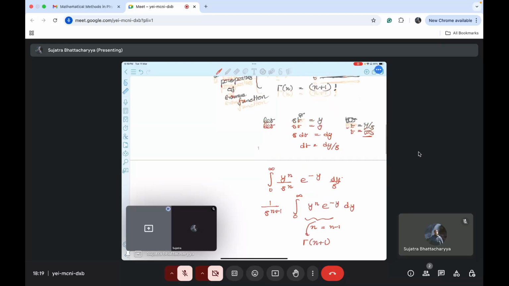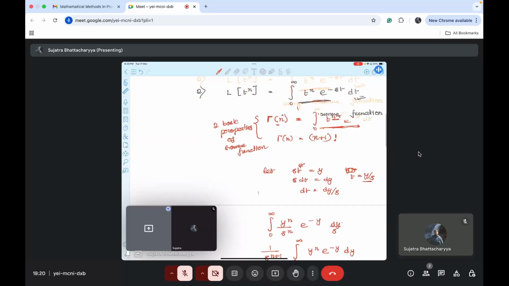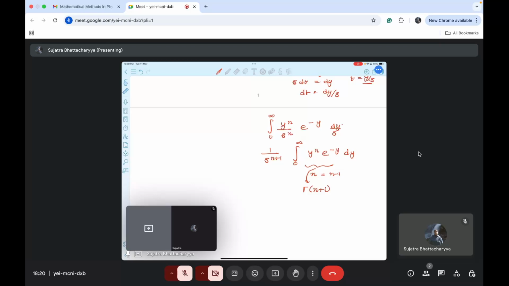Why? Because you have gamma of n when you have n minus 1, right? So if you add a plus 1 with it, then it will be t to the power n. That is exactly what I require. So here also you have to add 1. So it will be gamma of n plus 1. All right. So this is what you have.